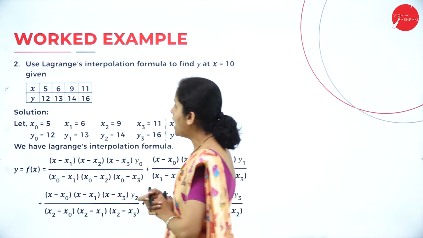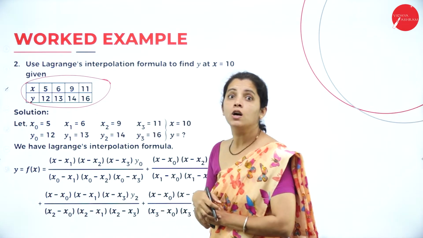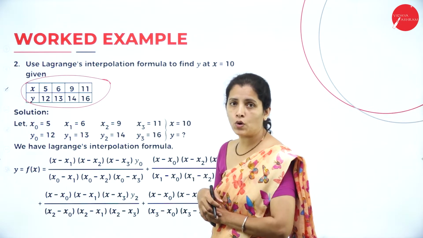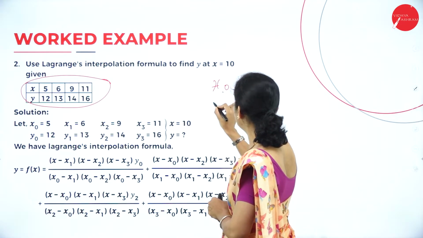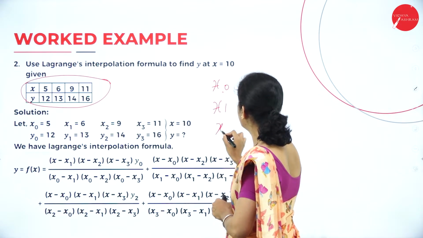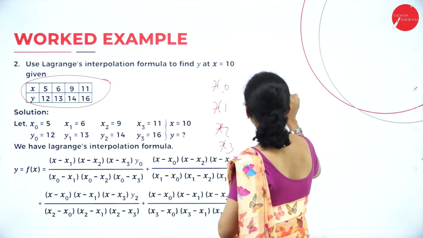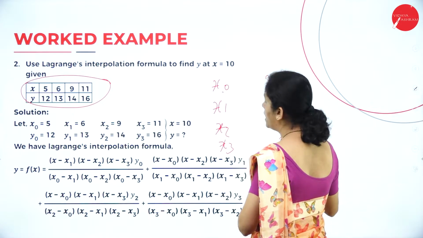See here, I have the given table. How many columns do I have? I have only 4 columns. So I'm going to get x0, x1, x2 and x3 with respect to y0, y1, y2 and y3.